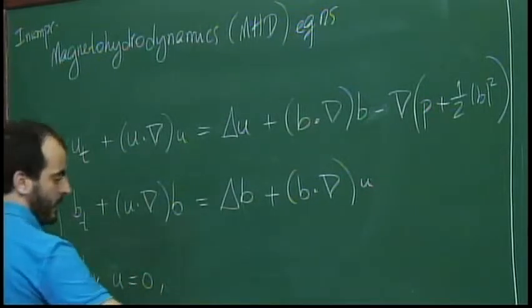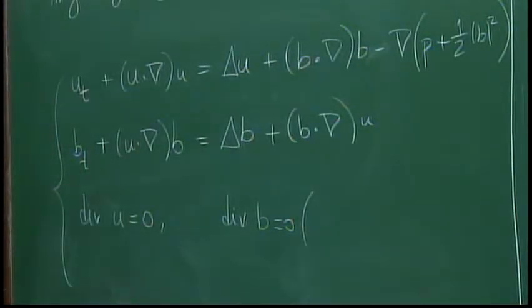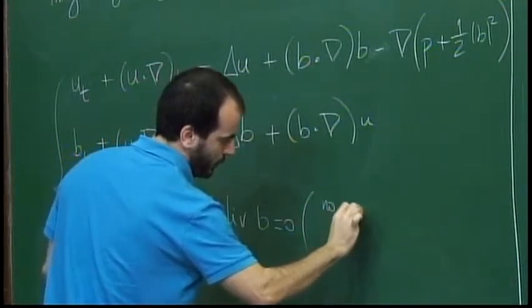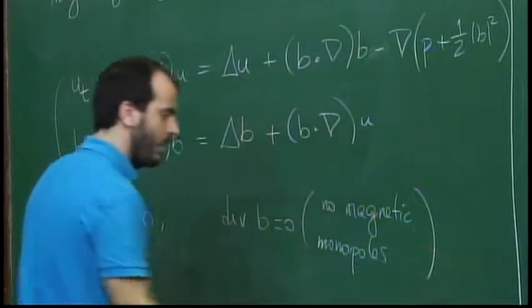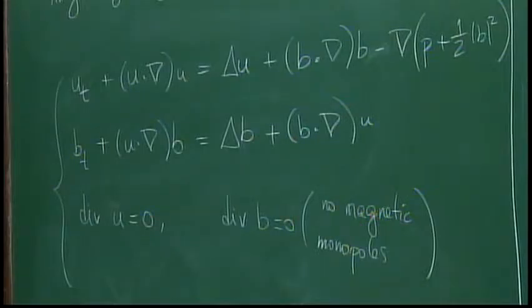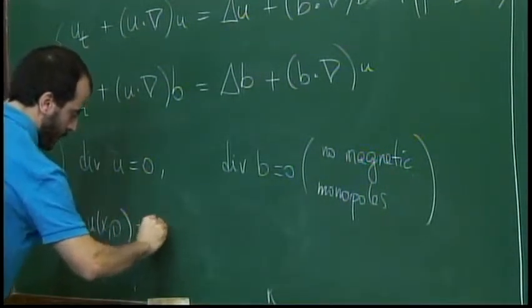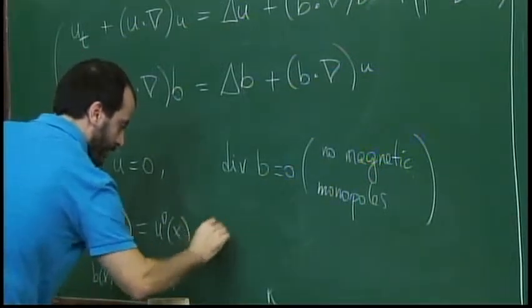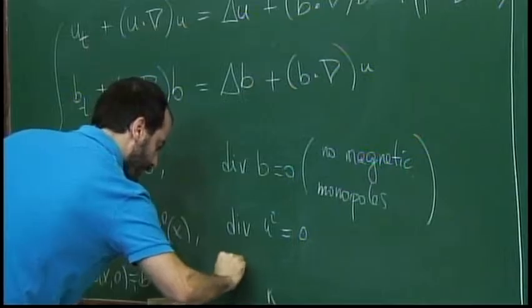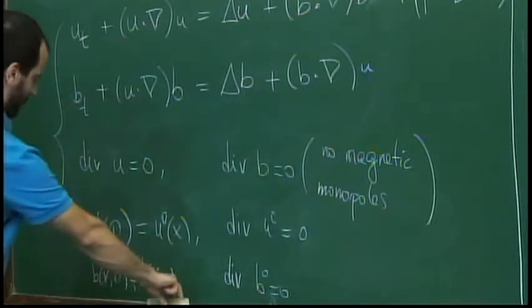It's also natural to assume that the divergence of B is equal to 0, in accordance with Maxwell's equations, because we assume there are no magnetic monopoles, or that magnetic charges do not exist. The initial conditions are also divergence free: U(x,0) equals U naught of x, and B(x,0) equals B naught of x, with divergence of U naught equal to 0 and divergence of B naught equal to 0. Okay.